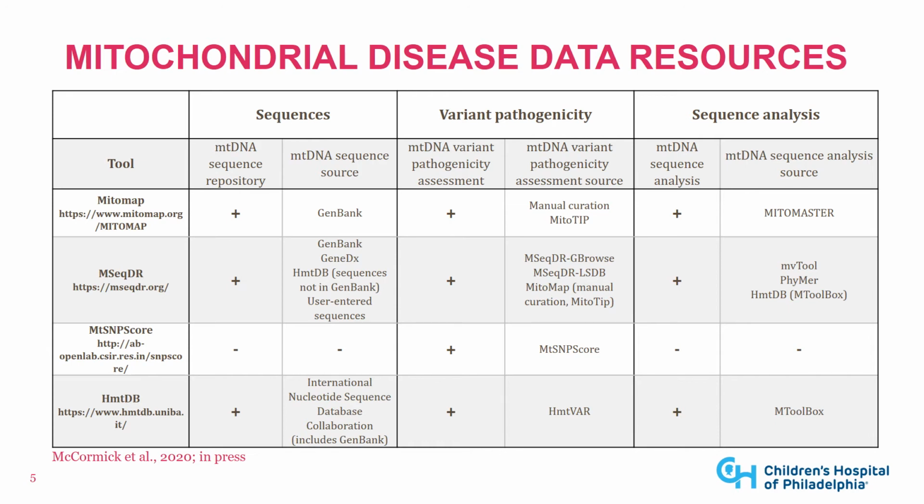And it's really a great resource of mitochondrial DNA variants as well as sequence data. MSeqDR is a tool led by Dr. Marnie Falk and Dr. Xiaolu Gai, with the bioinformatician behind the scenes being Dr. Li Shuang Shen. MitoSNP score is a tool out of the group from India, and then HMTDB is a tool developed by Dr. Attimonelli in Italy.